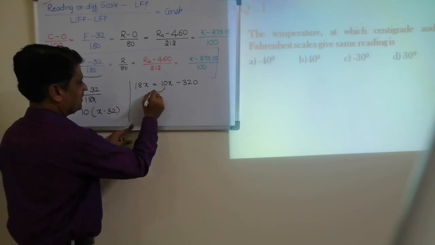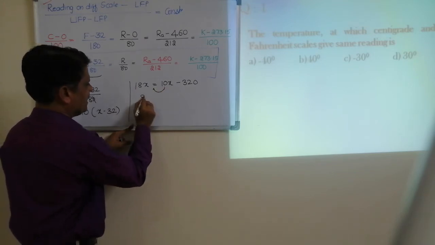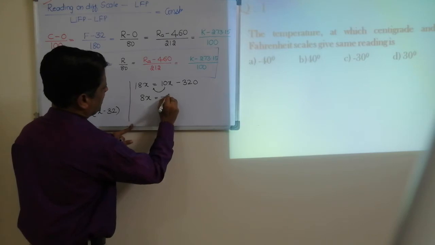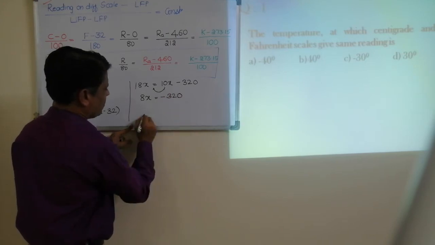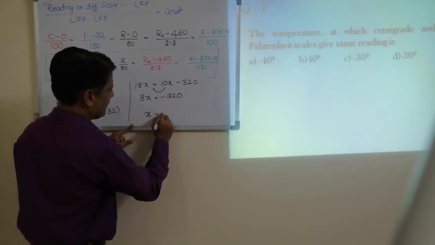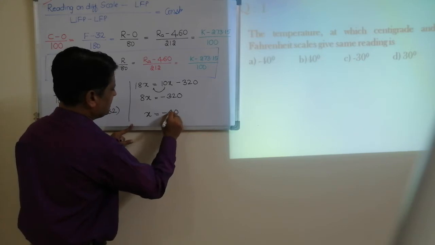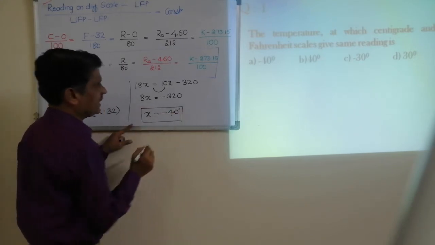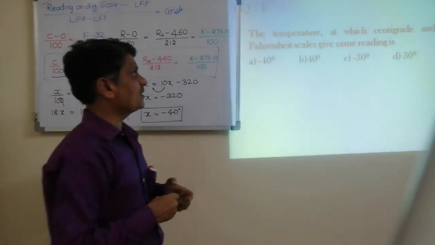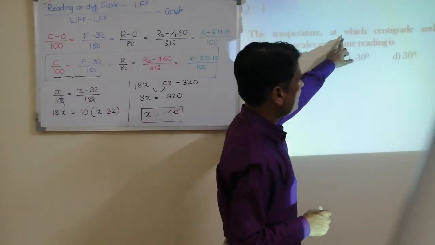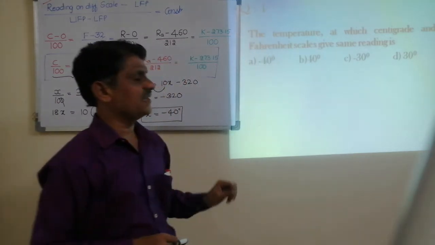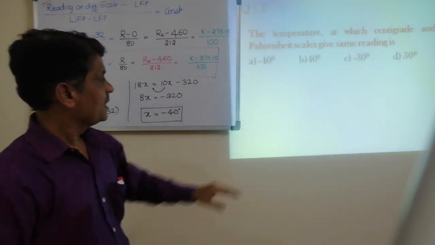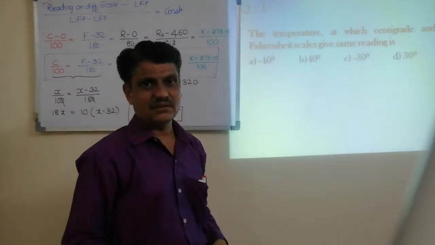If I shift, it becomes 8x is equal to minus 320, or x equal to minus 40 is the answer. Minus 40 degrees is the temperature at which centigrade scale and Fahrenheit scale show the same reading. So option number 1 is correct.